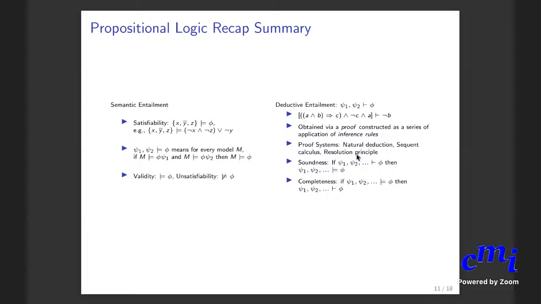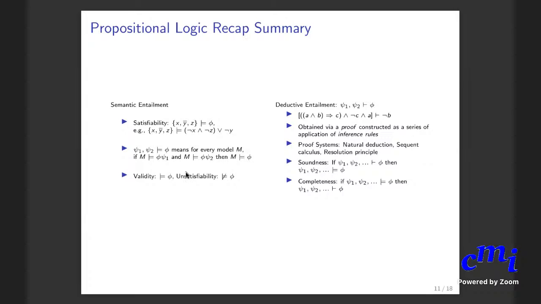This is something that I will briefly introduce in my next slide, because the inference rules that make up the resolution principle are the basis for SAT solvers and SMT solvers. So, as I told you, you can always check that a consequent phi follows or holds, assuming psi1 and psi2, using semantic entailment.